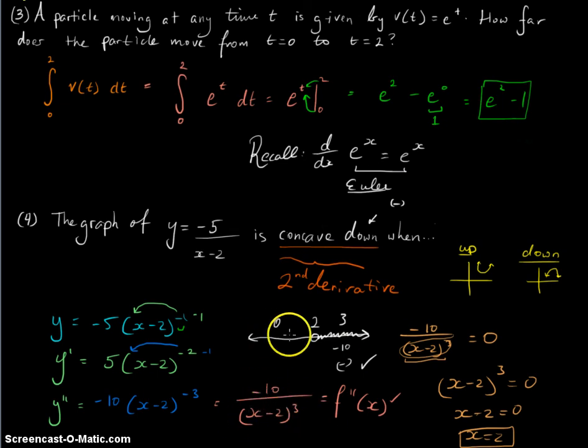Negative 10 over negative 8 is, in simplest terms, 5/4, which is positive, so this is no good. So it would simply be anything that is greater than 2. So our solution set would be concave down when x is greater than 2. And that's our answer.